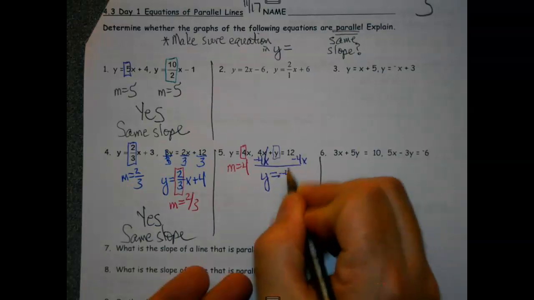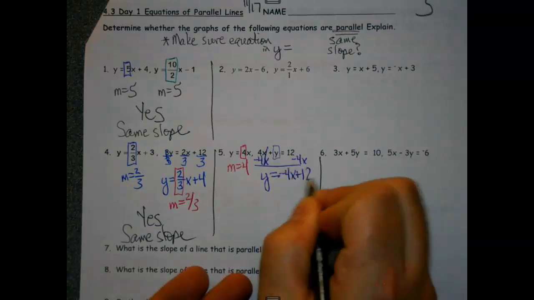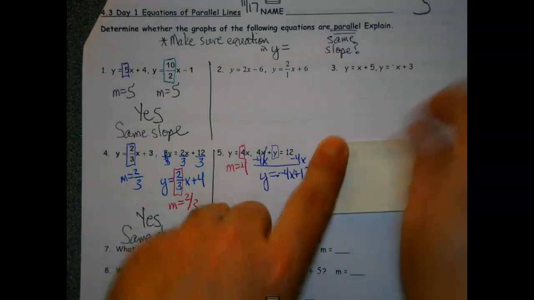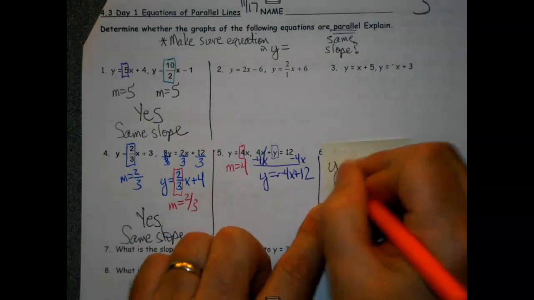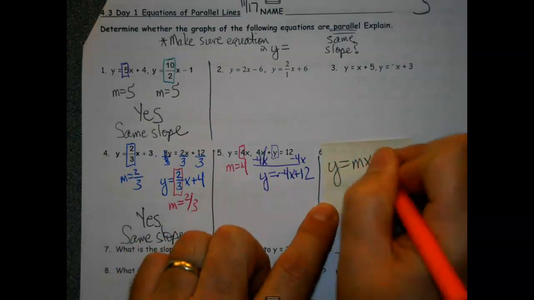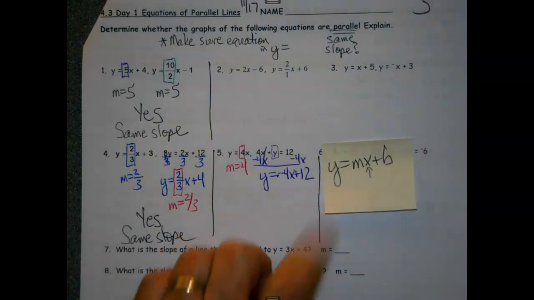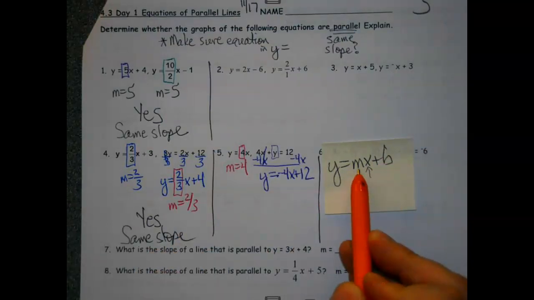You're like, okay, why is it important that I do it like this and I don't just put 12 minus 4x? Which is a legitimate question because a lot of times it doesn't matter. Here's the thing. When we're trying to figure out where the slope is, we're always looking for the number in front of x, and we normally see that that's right in front of the equals.